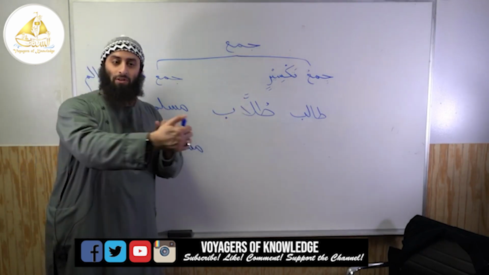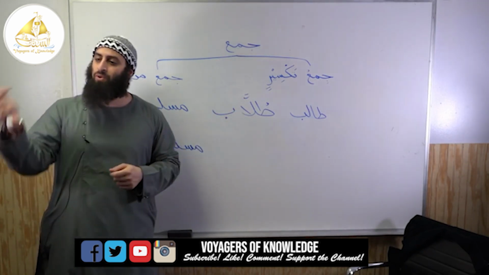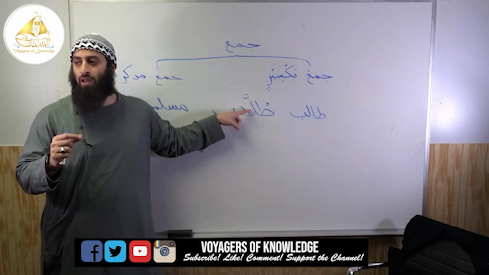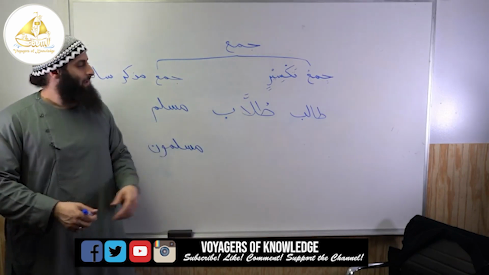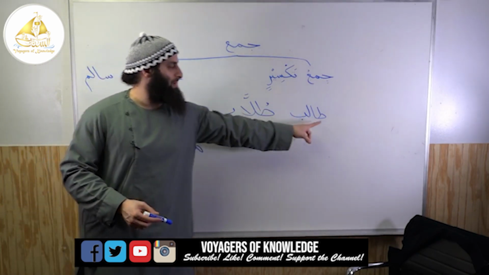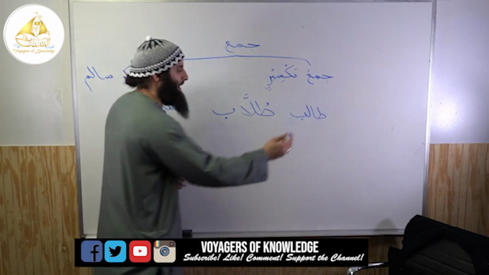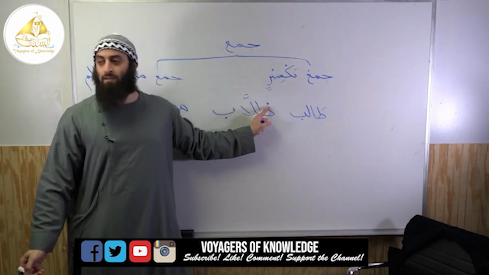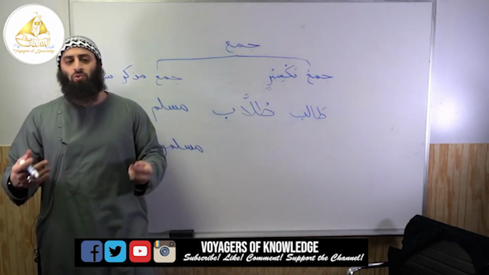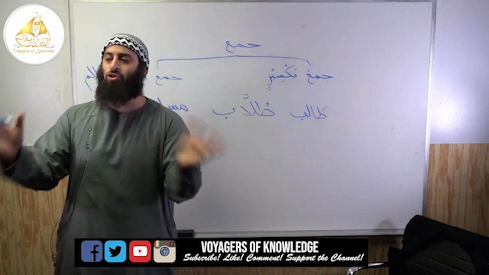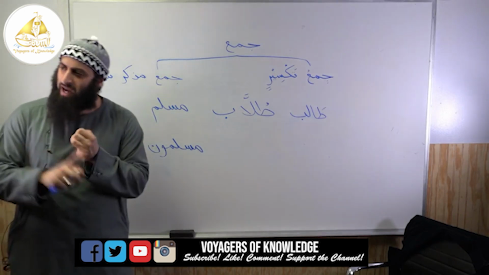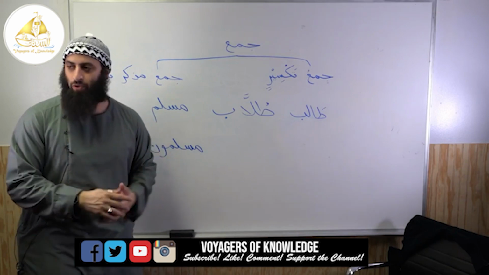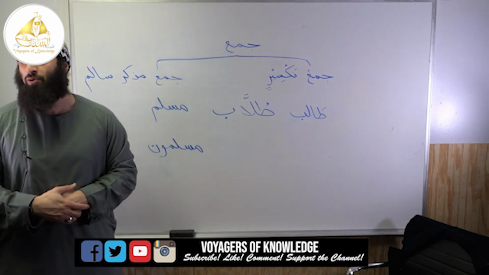We not only switched the alif and the lam, but we added a second lam because of the shadda on the lam. Tul. And add to that the harakat. This used to be a fatha. Talibun, right? Over here, is it still a fatha? It's a dhamma. So that's why they call it broken, because you had to change a lot of things. You changed the harakah, you changed the lettering, you changed the format of the word. That's why they call it a broken plural.